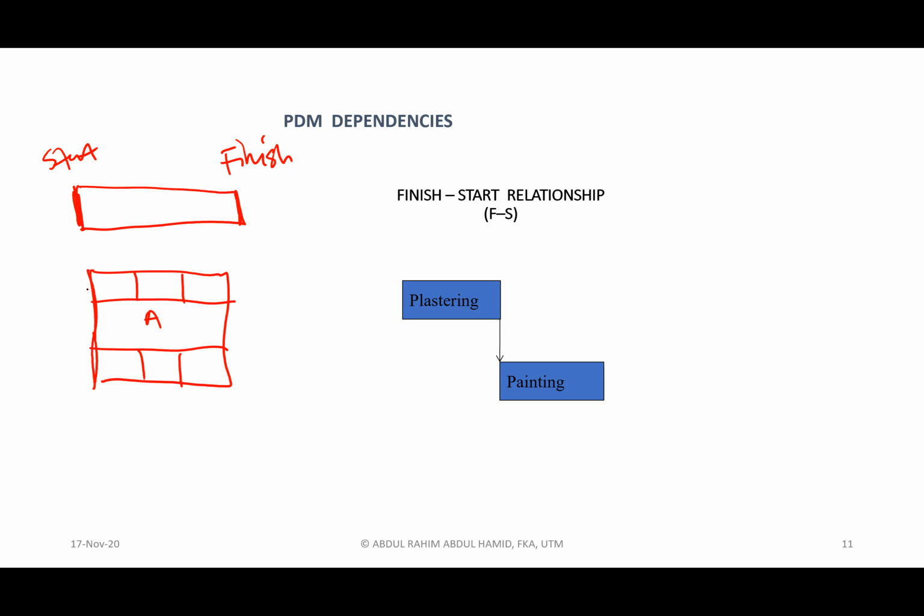The left side of the box indicates start, and the right side indicates finish. So when you draw an arrow coming from the right side, this is finish, and going into the other box from the left side, this indicates start. So this arrow indicates a finish to start relationship.